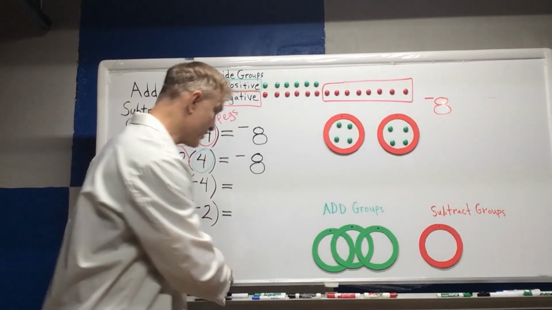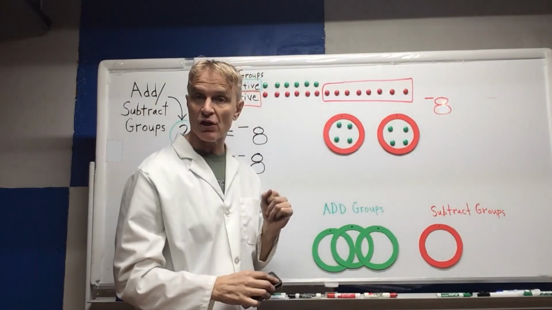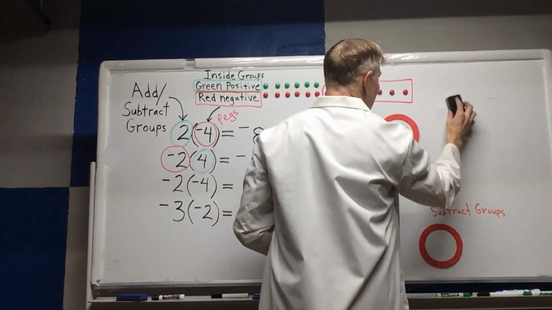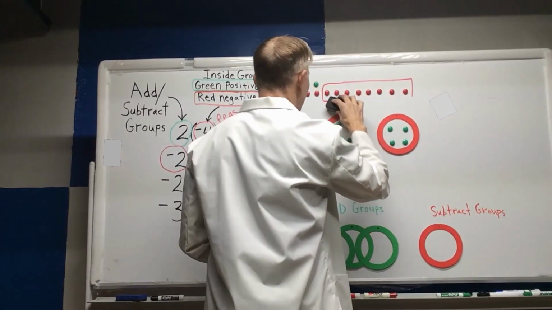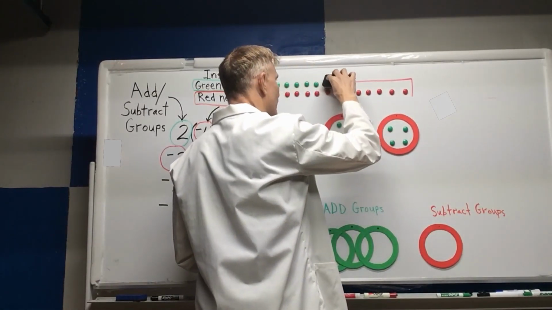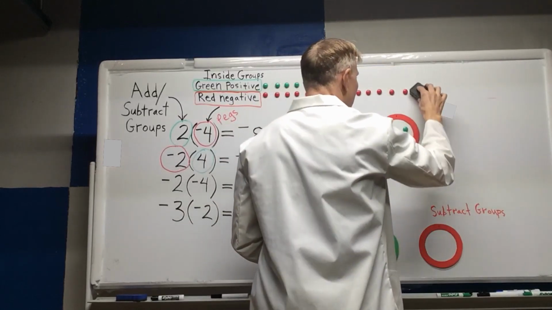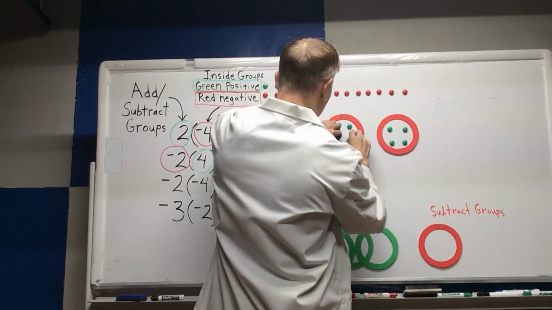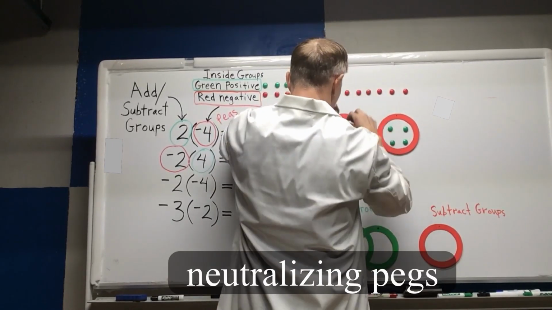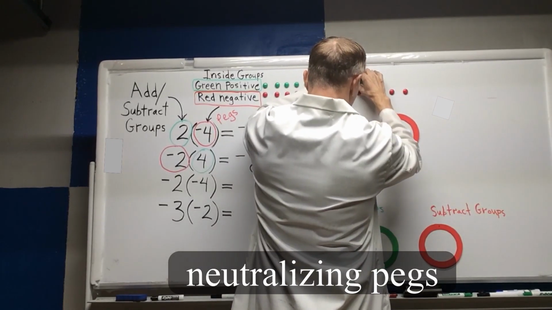All right, so now we need to neutralize up here again to start off from 0. And this is the moment you've all been waiting for. You can already probably see it, but if not, don't worry about it. It's going to be here in just a brief second. I have to just set this up and neutralize our red pegs up here.